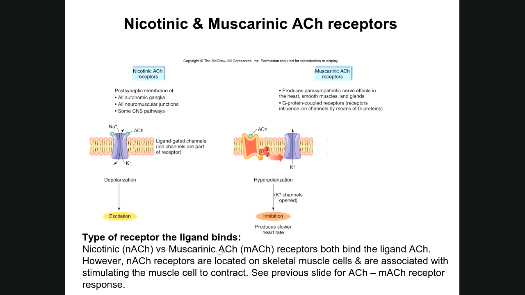However, on skeletal muscle cells, this ligand acetylcholine has a complete opposite effect. On skeletal muscle cells is where you will find acetylcholine receptors known as nicotinic or NACH receptors. And when acetylcholine binds to these nicotinic acetylcholine receptors on skeletal muscle cells, it actually stimulates the skeletal muscle cells to contract and produce movement.